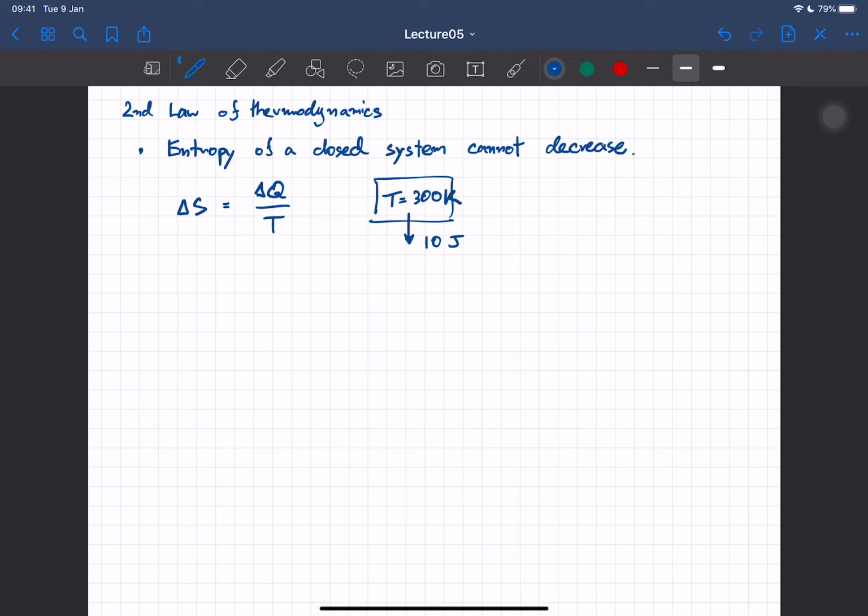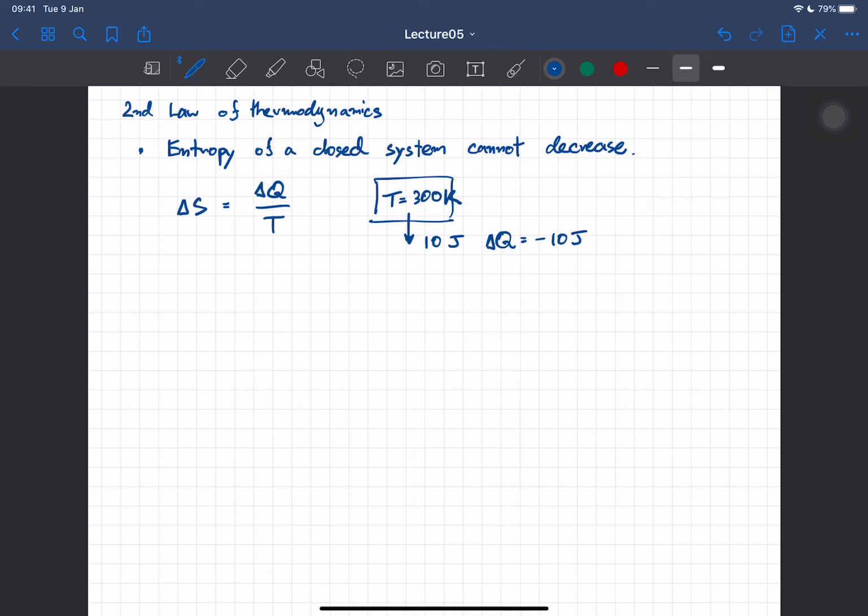So it's extracted from the hot side by 10 joules. In this case, Q is flowing away from this heat bath, so Q is going to be minus 10 joules, or delta Q if you want.